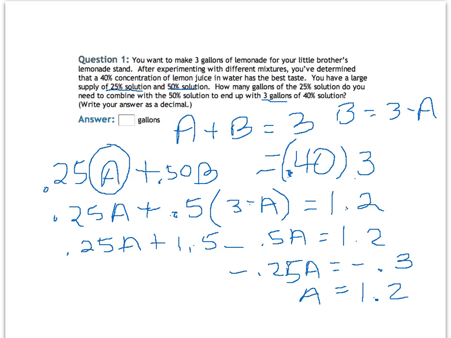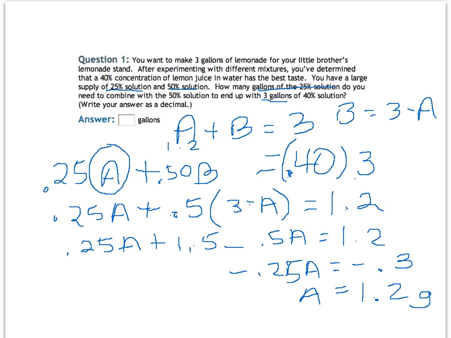Then we have to remember what that meant. Remember, initially that meant that A was my 25% solution, and they asked me how many gallons of a 25% solution. So this is 1.2 gallons. They didn't ask for what B would be, but if you wanted to know, you would substitute 1.2 back in for A up here.